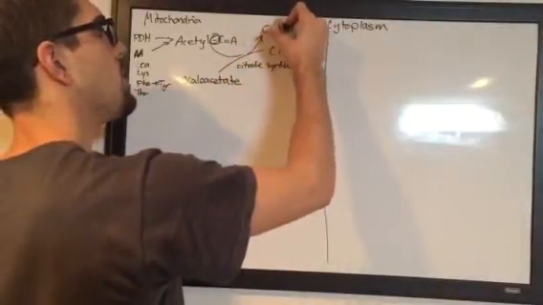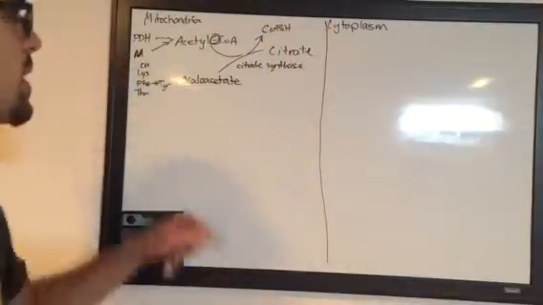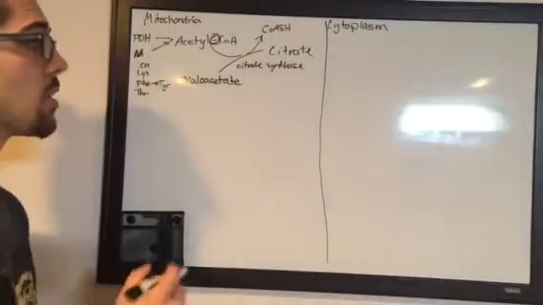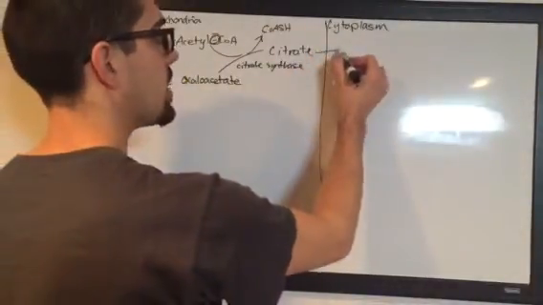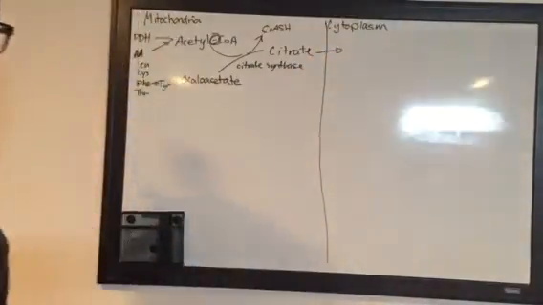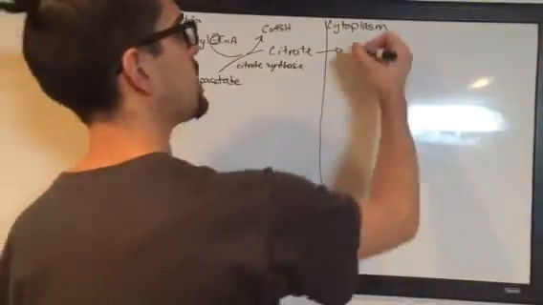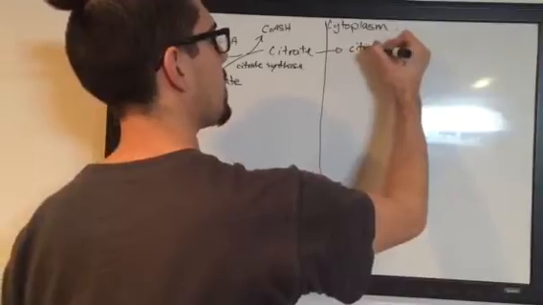So we're going to have a release of coenzyme A-SH because we've hydrolyzed that sulfide bond between the coenzyme A and the acetyl group. We now know that citrate can cross the plasma membrane. It was one of those wonderful permeable things, which I forgot about until the very end. So we now have citrate in the cytoplasm.